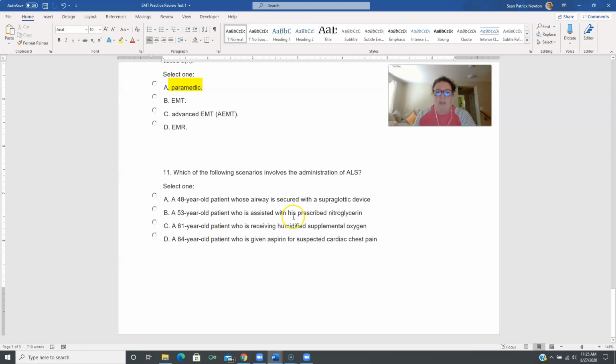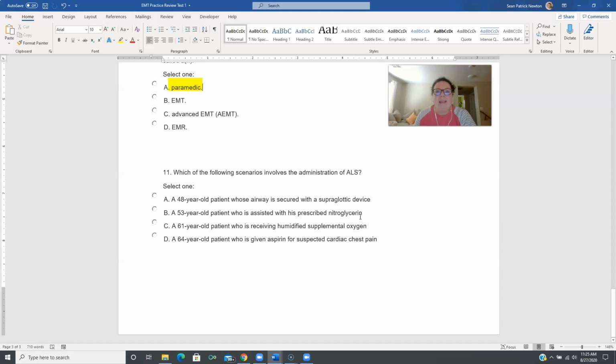53-year-old patient who is assisted with prescribed nitroglycerin. Assisting patients with prescribed nitroglycerin is in your scope of practice as an EMT. 60-year-old patient who is receiving humidified supplemental oxygen.